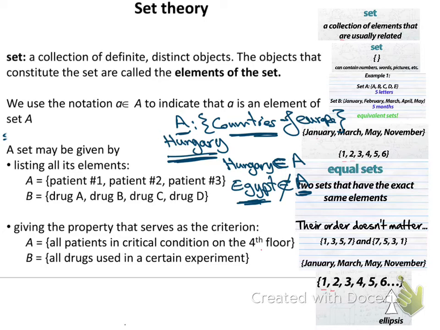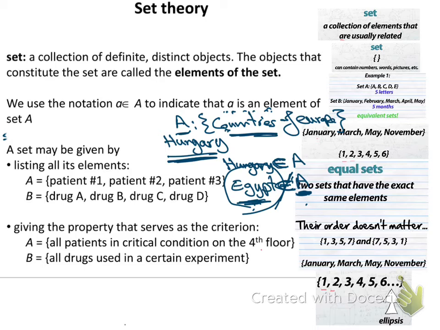This means that if I write the 26 countries here, I will not find this element among the 26 countries. So it is not. The reason I put this slash here is that I'm saying Egypt is not an element of the set A, because it is not an element here.